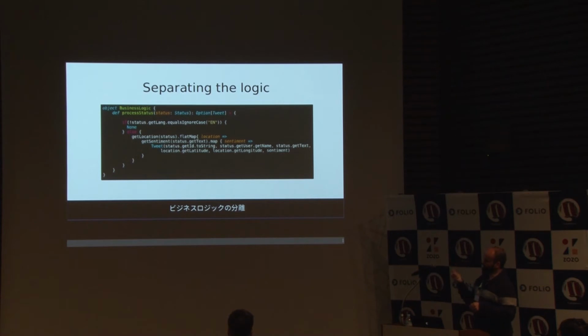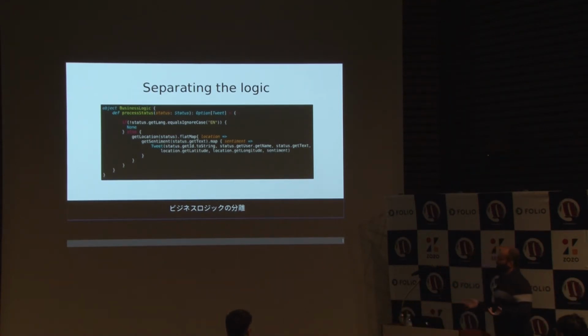Then we get the location. If we get a location, that is, if it's Some, which it will be, then we extract the sentiment. And with that location, that sentiment, and the rest of the data required for the tweet, we create it, and that can be called from our RDD or wherever and sent back to Kafka, right?